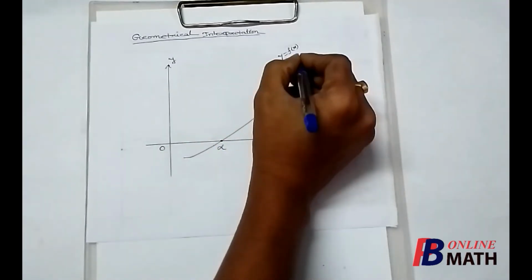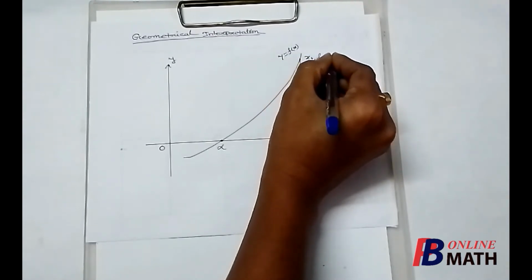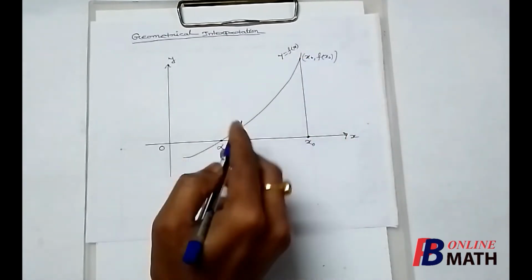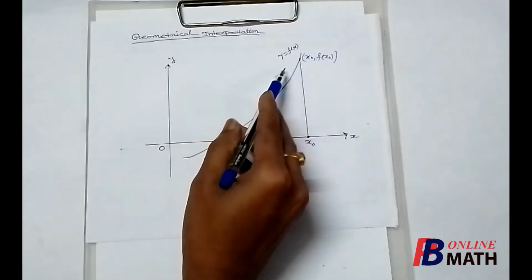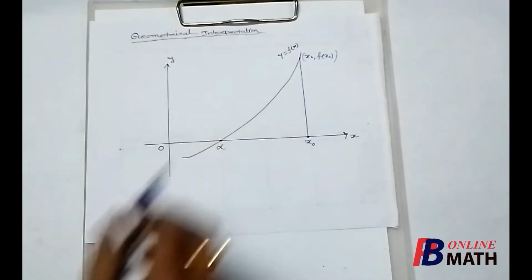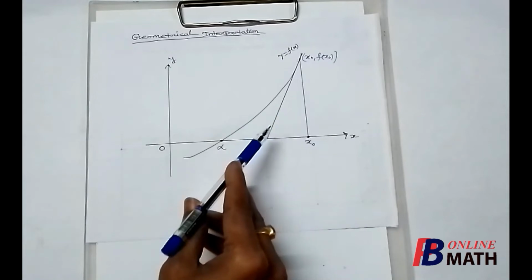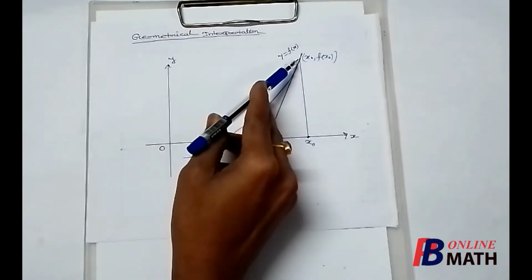So the coordinate of this point will be (x0, f(x0)). Now at this point, if we draw the tangent with respect to this curve, then we shall get one tangent here. So let us assume that this is the required tangent at this point (x0, f(x0)).